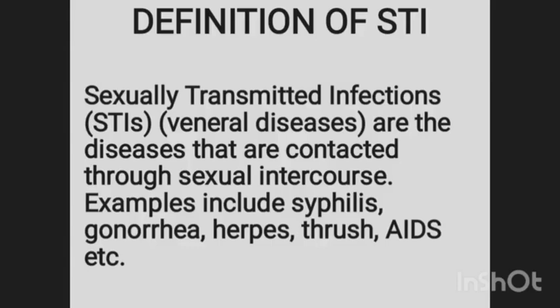Sexual intercourse. Examples, we have syphilis, gonorrhea, herpes, thrush, AIDS, and so on and so forth. So that's the definition of STI. They are just diseases that are transmitted through sexual intercourse, mostly with an infected person.